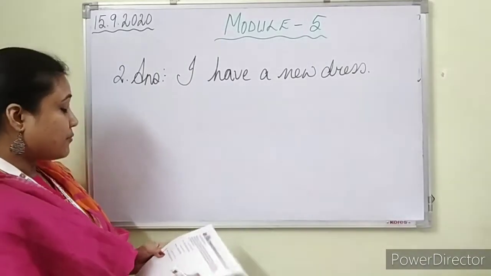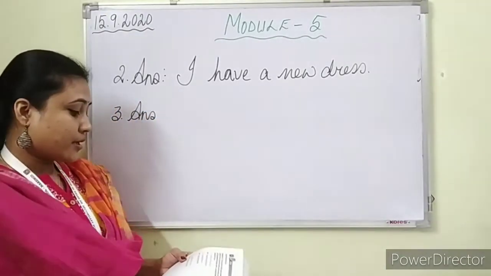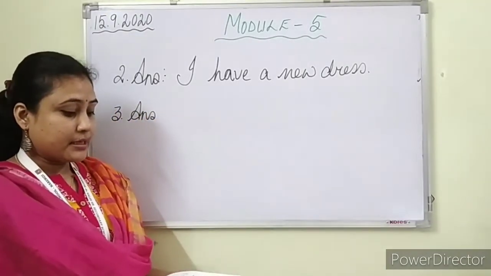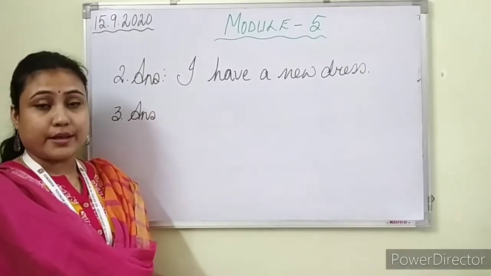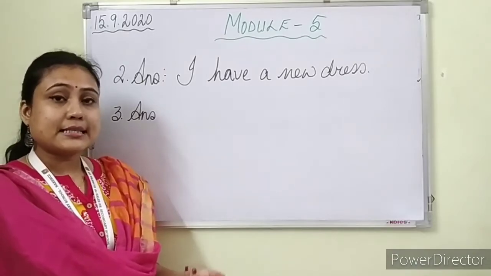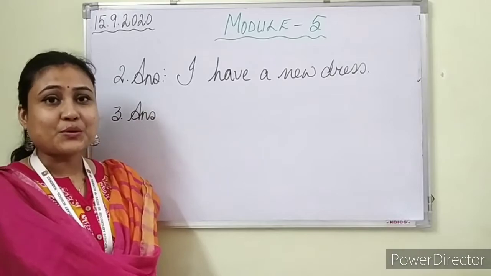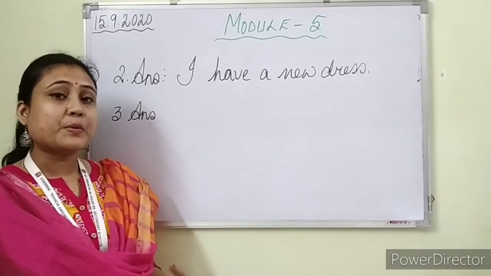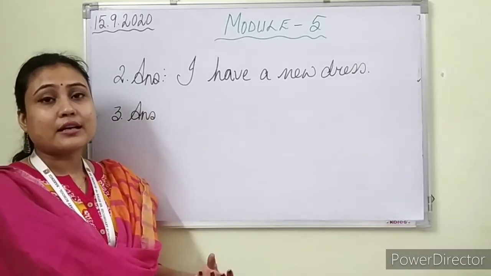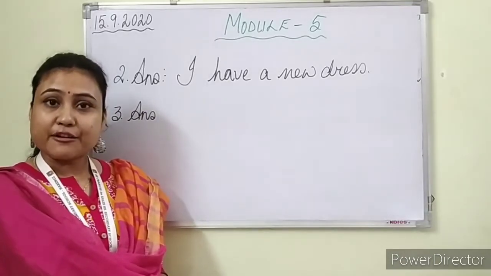Got it? Okay, moving to number 3. So in here, the words are jumbled like going Tina to is school. Right? Suppose if I say all these sentences, will you understand what ma'am is trying to say? No. Right? A person has to speak clearly. He has to give a clear meaning of what he or she is conveying.